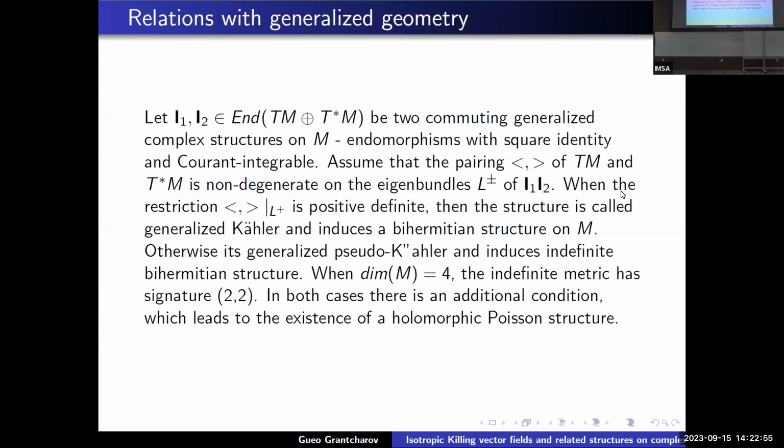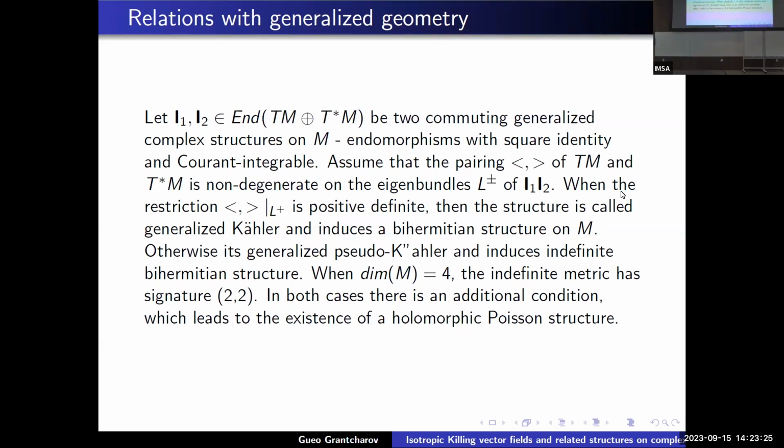In this case, the possible metrics, also indefinite, which have compatible complex structures, necessarily have either positive definite signature (4,0) or split signature (2,2), because the other signatures (1,3) and (3,1) cannot have compatible complex structures.